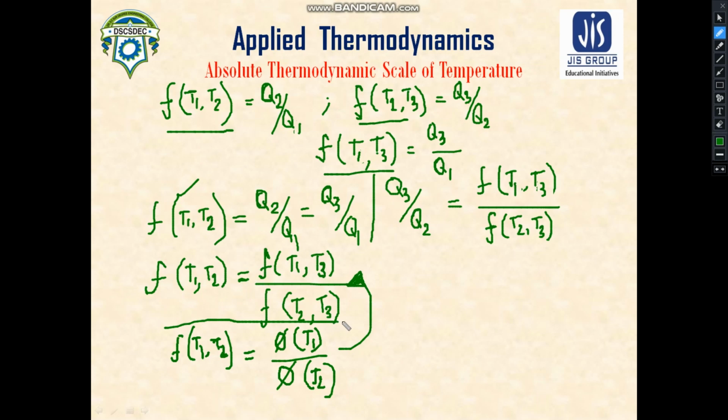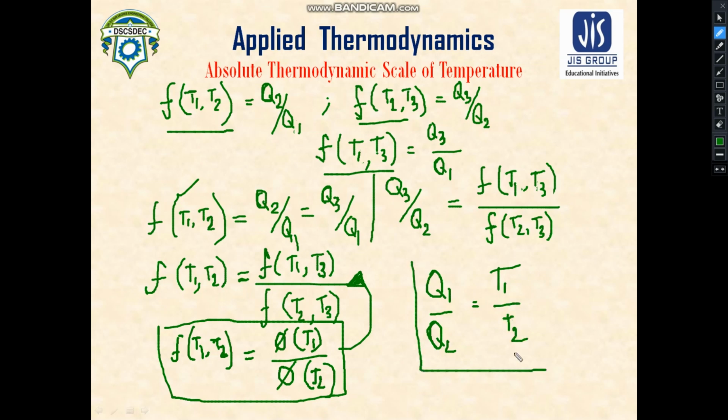So this is the basic and simplest solution which we can achieve, and consequently we can say now that the ratios of heat transfers should be equal to the ratios of these two temperatures.